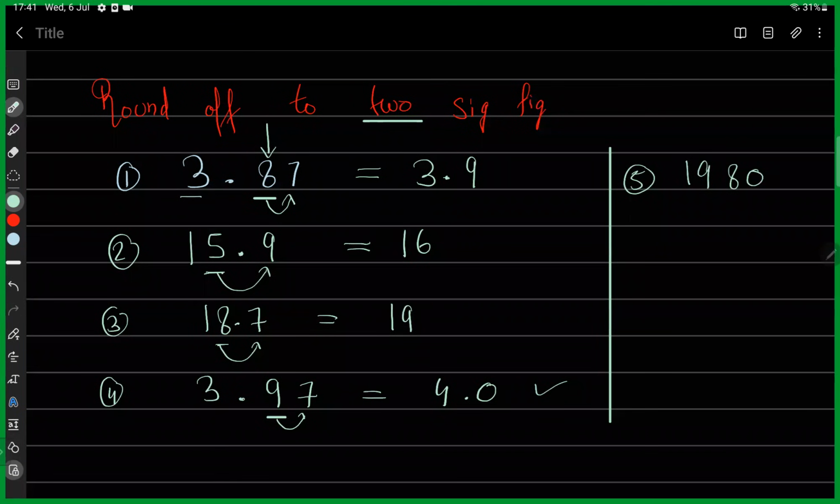Convert this to two significant figures and what would you get? 2000. Very good. Excellent. So we will be focusing on this one. The next one is greater than 5. So I need to round off 9. And when I round off 9, this entire thing would become 2000. Very well done.